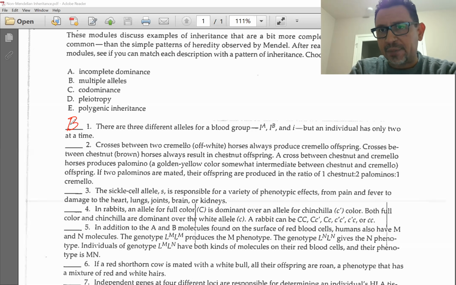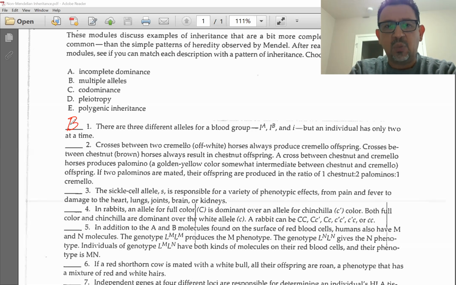Now here there's an interesting pattern, because if you cross a cremello with a chestnut, the off-white with a brown, the offspring are going to have this golden yellow type of color, which is intermediate to the coat color of both of the parents. And whenever you see an outcome where offspring show a phenotype intermediate to that of the parents, that is an indication you're looking at a case of incomplete dominance.